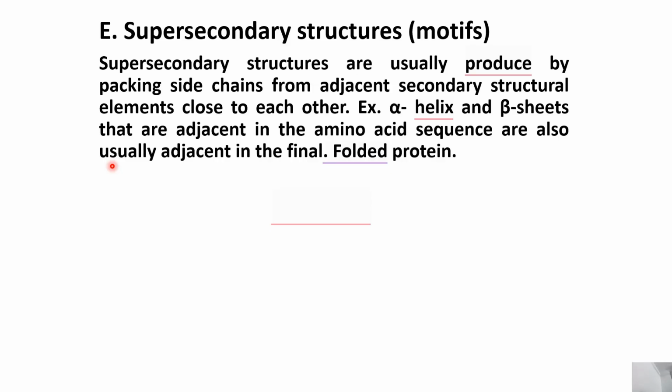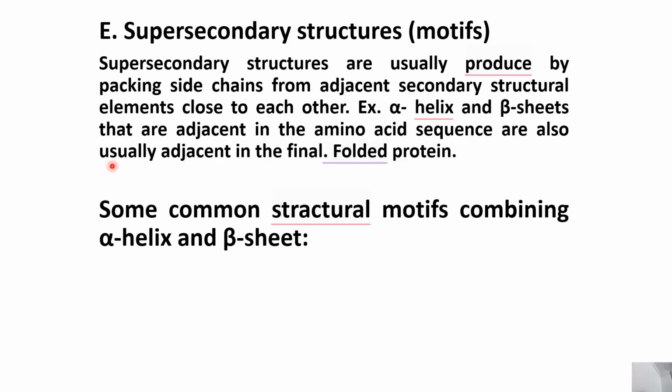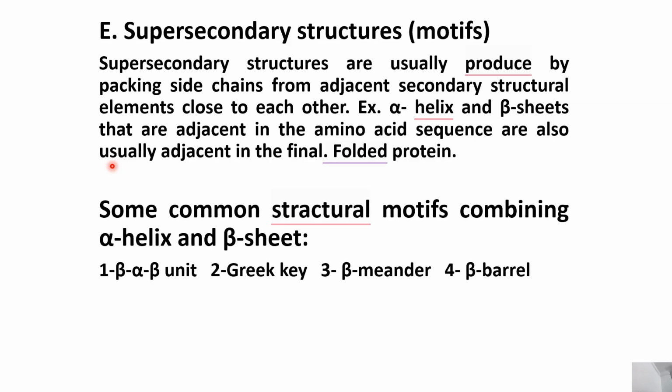They are adjacent in the amino acid sequence and also adjacent in the final folded protein. Some common structural motifs combining alpha helix and beta sheets are beta meander, beta barrel, Greek key, and all of that.